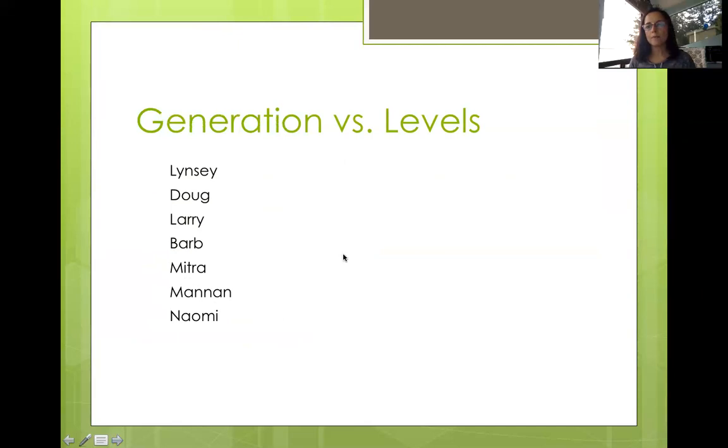So let's say that Lindsay sponsored Doug, who sponsored Larry, who sponsored Barb, who sponsored Mitra, who sponsored Manan, who sponsored Naomi. And let's say Lindsay's doing 1,600, Doug's doing 300, and these are personal, like 1,600 with her own orders, her own customers. Doug is doing 300 with his own orders.